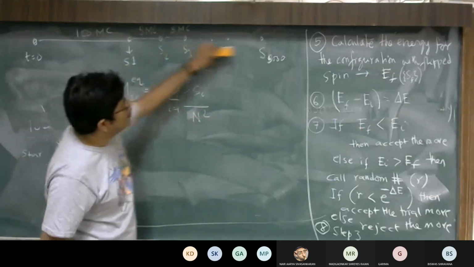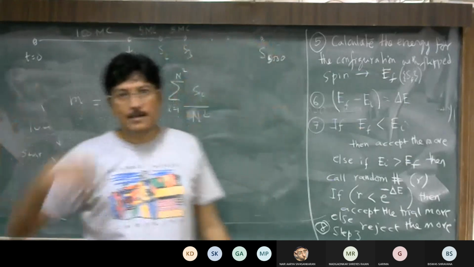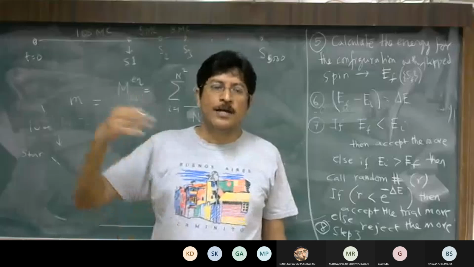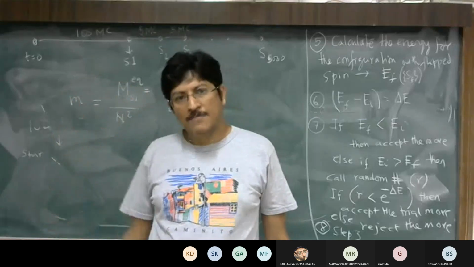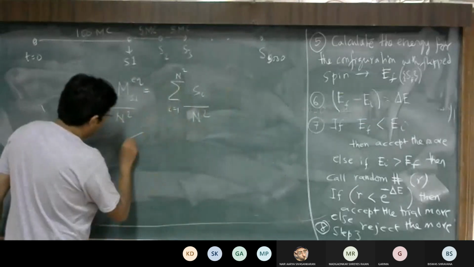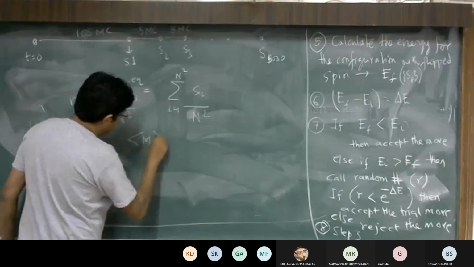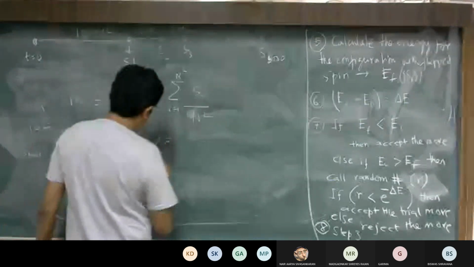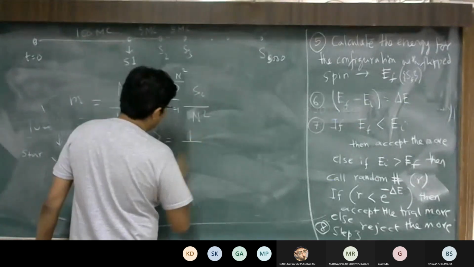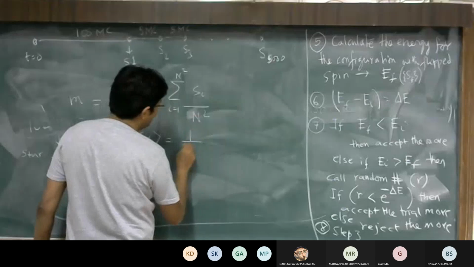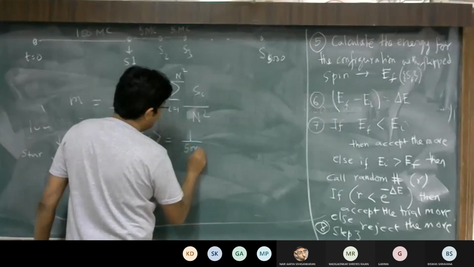And similarly, in your code, you keep on collecting these samples 5,000 times. Then if you want to find the average magnetization of the system, you do the averaging over 5,000 samples, dividing by the total number of samples.